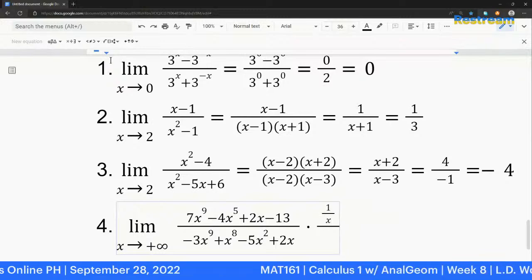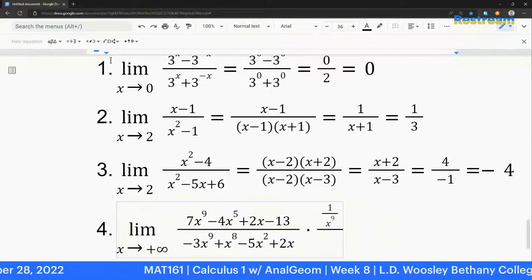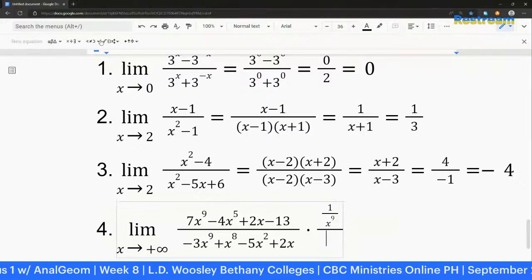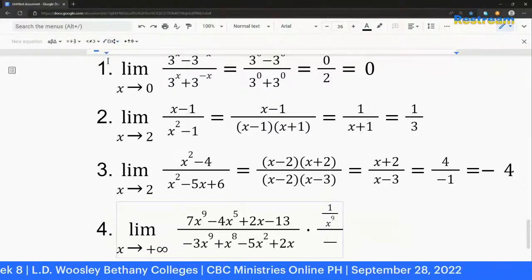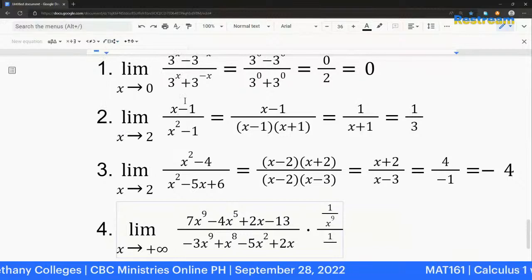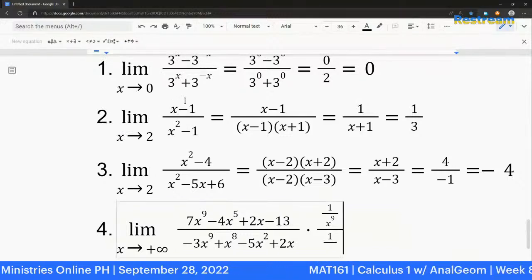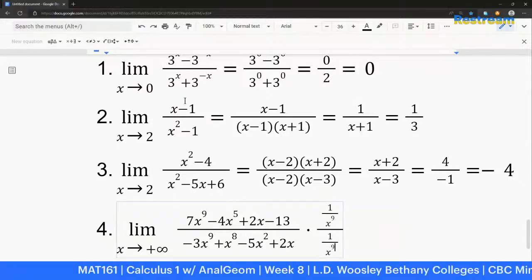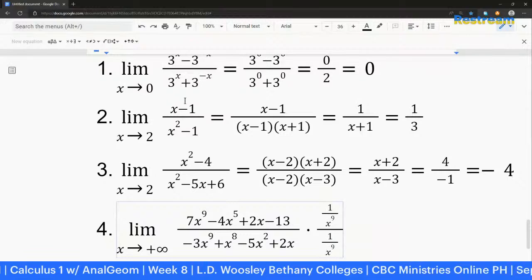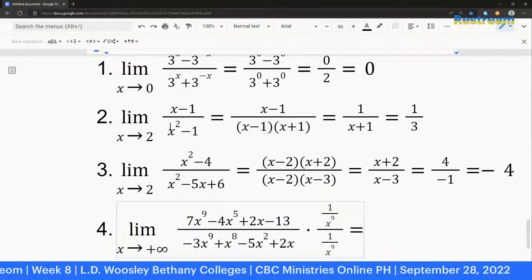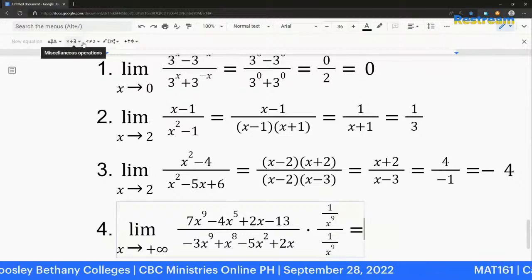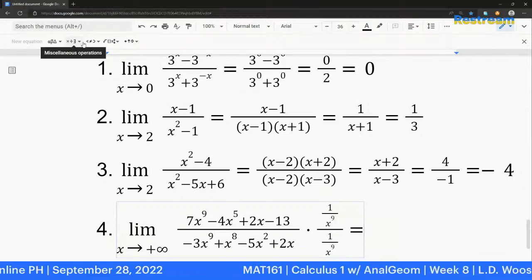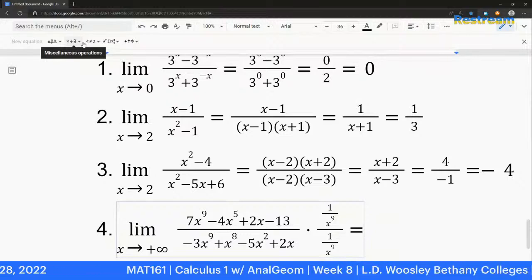By what? By the highest power of x, either for numerator or denominator. So for this case, it's 1 over x raised to 9. Right? Okay, so what will happen after dividing both numerator and denominator by x raised to 9, which is the highest power of x?